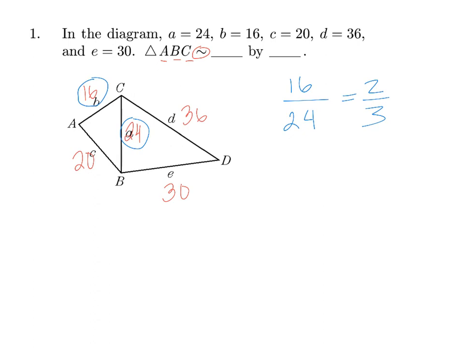Okay, so AC corresponds to BC. Okay, so I'm going to have B here, and then C. Alright, and then I have the medium side, 20, corresponds to the medium side over here, 30, so that reduces to 2/3.